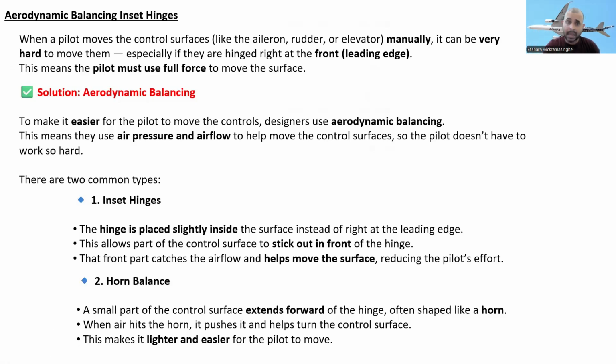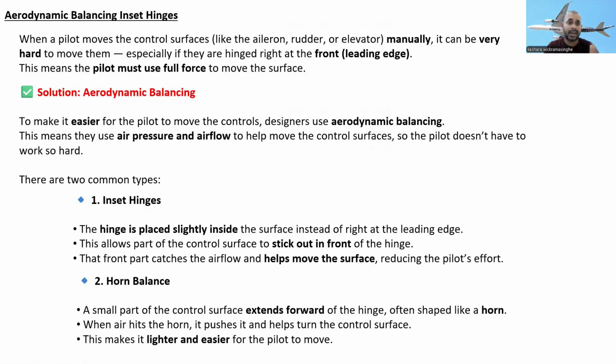And then the horn balance: a small part of the control surface extends forward of the hinge, often shaped like a horn. When air hits the horn, it pushes it and helps turn the control surface. This makes it lighter and easier for the pilot to move.